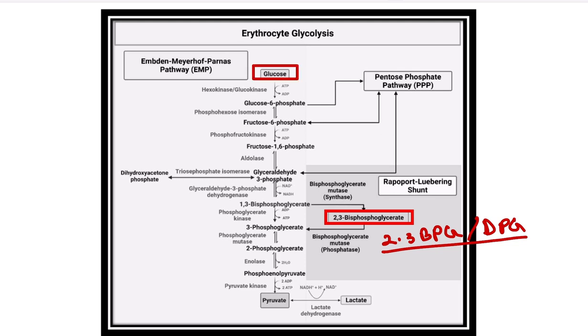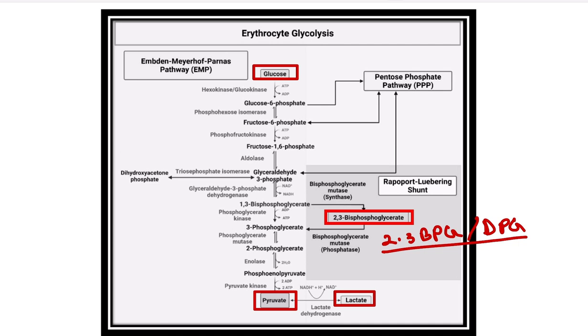In the glycolysis process, glucose is metabolized into pyruvate and lactate, and from there energy is delivered for our body cells and tissues. Among this process, we can see 2,3 DPG or 2,3 BPG is produced, and this 2,3 DPG is responsible for delivery of oxygen in the peripheral tissue.